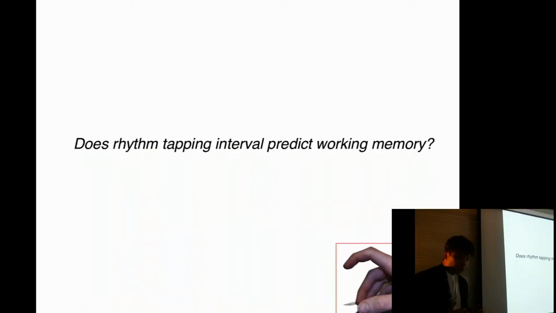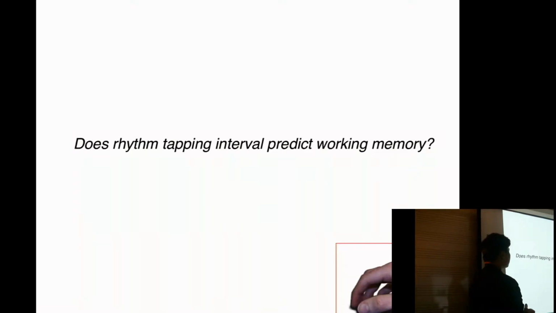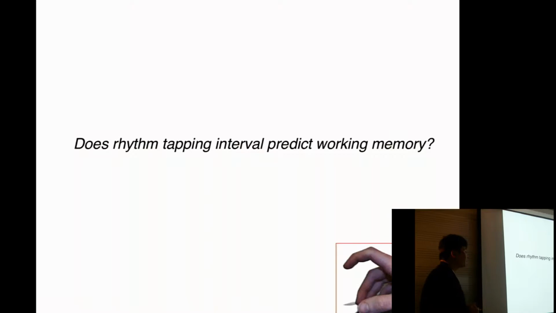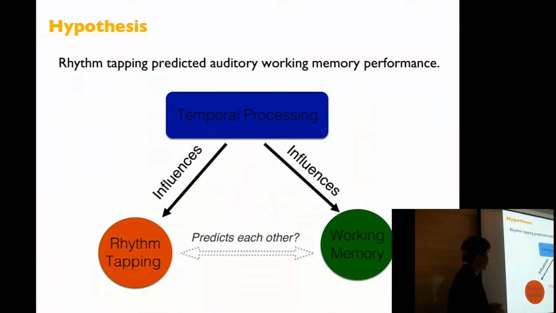Now the question is, does rhythm tapping interval predict working memory? That's the question that I asked earlier on. The main hypothesis is that because rhythm tapping and working memory are supposed to be dependent on temporal processing, if we measure someone's rhythm tapping rate or their variability, we can predict working memory, and vice versa.